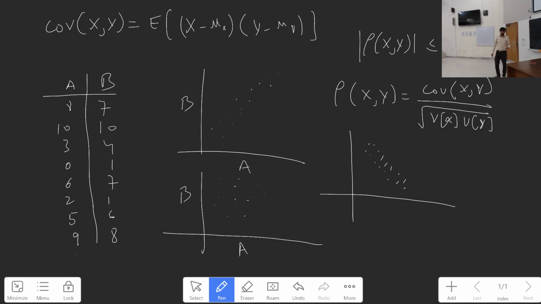They sometimes think that a high correlation implies causation. If two random variables are very highly correlated, they think that one is causing the other. That is not true.